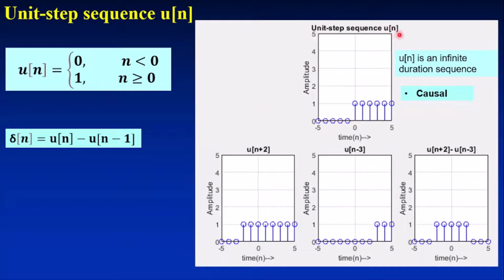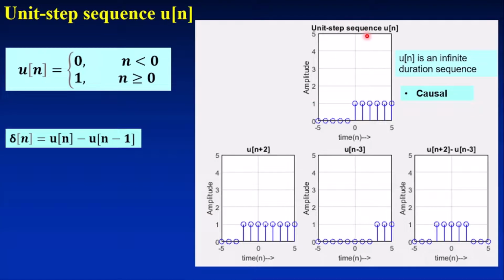This is the sketch of the unit step sequence. This is also a causal sequence, a right-sided sequence, and also an infinite duration sequence. It has an infinite number of samples starting at n equal to 0 till infinity with amplitude 1, and you can see that there is a jump here.